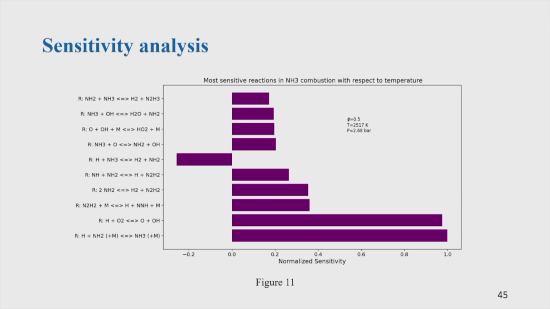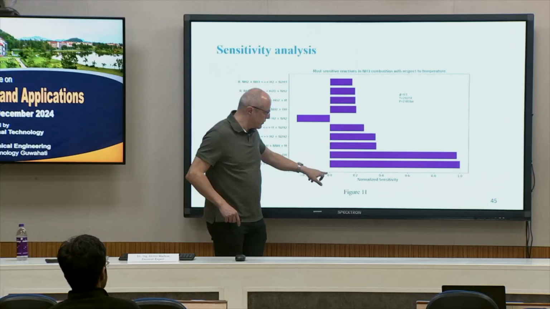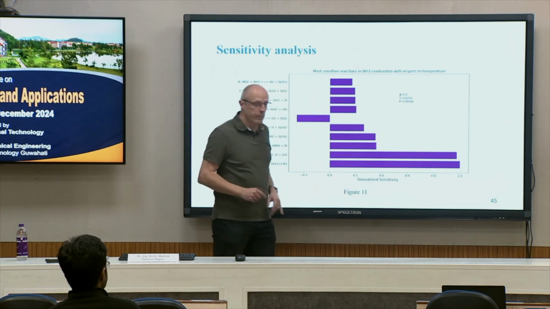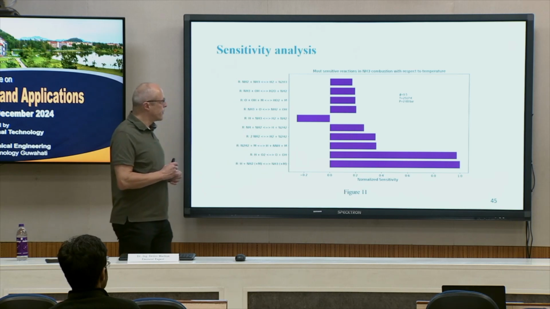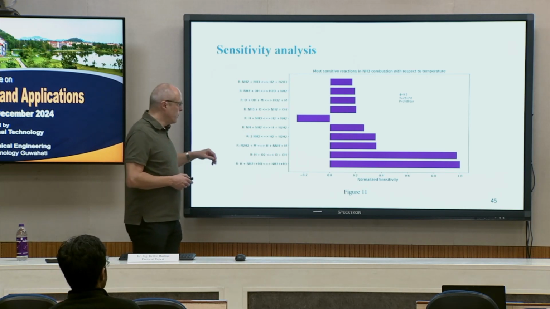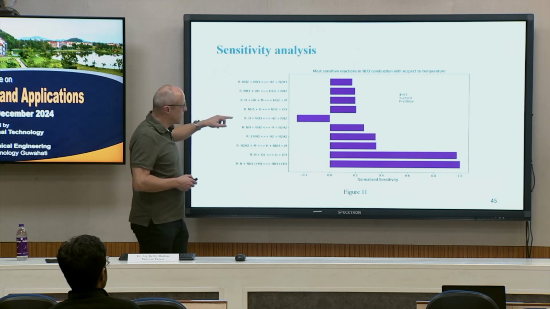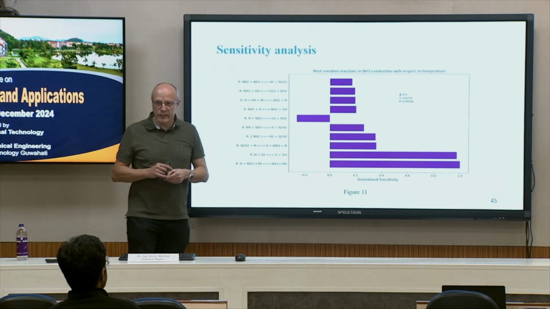And this is the outcome you get from such a calculation. You have normalized sensitivity here, so from 0 to 1 or from -1 to 1. And we just plotted here the most sensitive reactions.